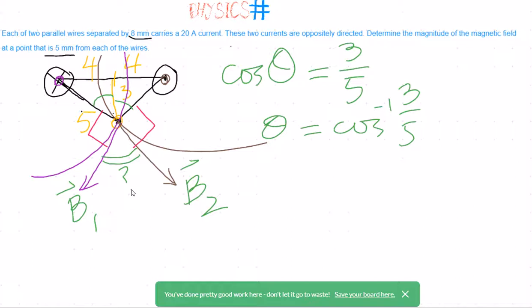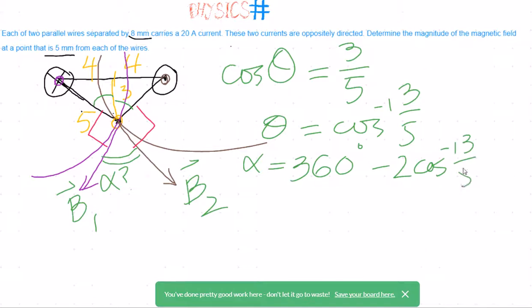If I call this unknown angle alpha, then alpha is basically 360 degrees minus 2 times cosine inverse of 3/5, and then minus 180 degrees coming from the two 90 degrees.